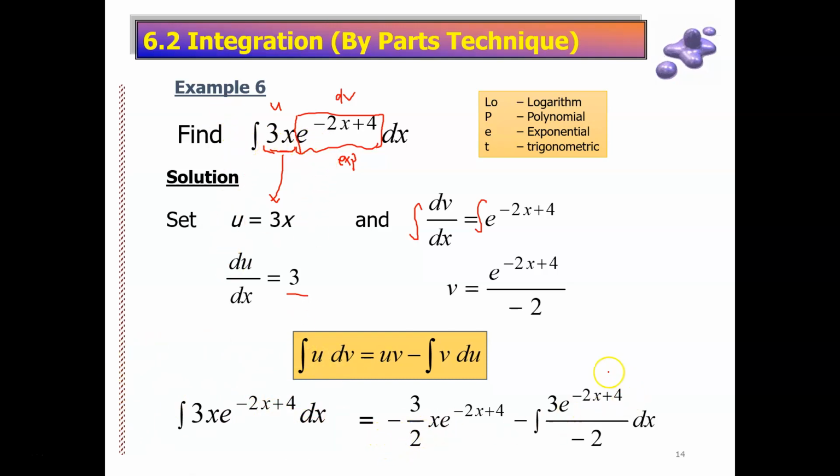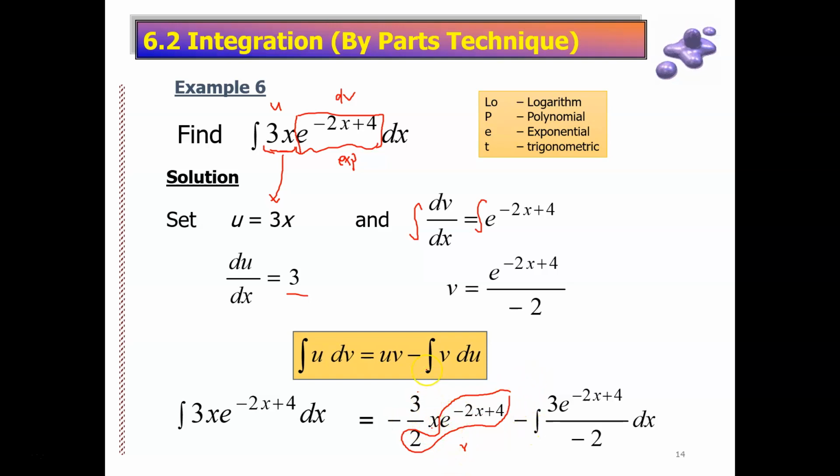Equal to, then we substitute it: uv. Which one is your u? u is your 3x. That's why you have 3 and x over here. Your v is this exponential. That's why you have this one. This one is your v, right? It has the division by negative 2 there.